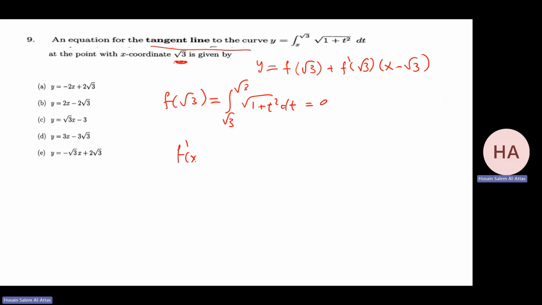F prime at x using Fundamental Theorem of Calculus. Don't forget, this is x. So first I will rewrite this as minus integral from square root of 3 to x of square root 1 plus t squared dt. So f prime of x will be minus square root 1 plus x squared.